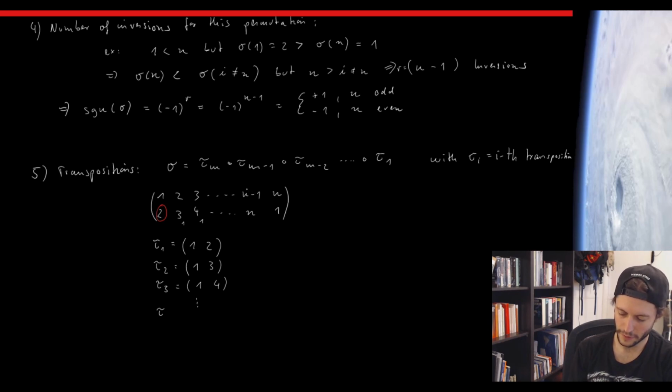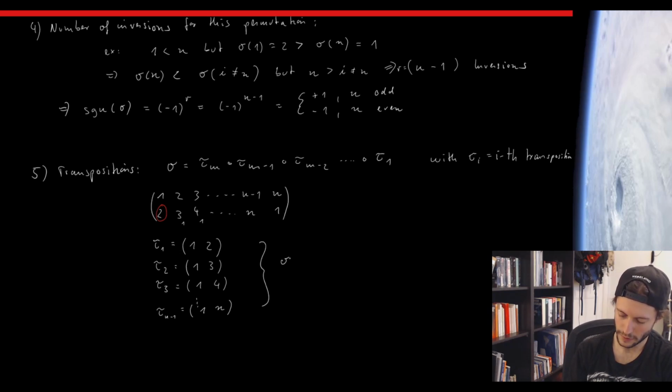until we're addressing the n-1 element, which has become a 1 from the transposition before. And we want it to be an n. And the nth element is mapped to the 1. That's it.